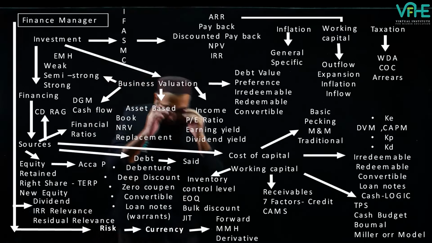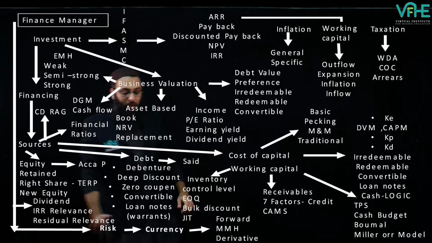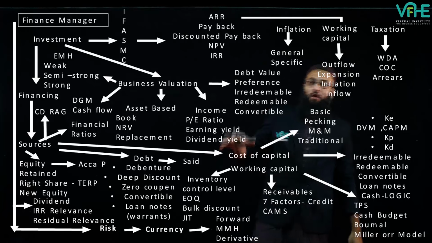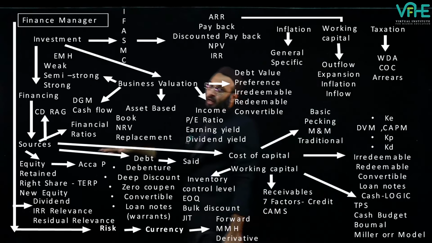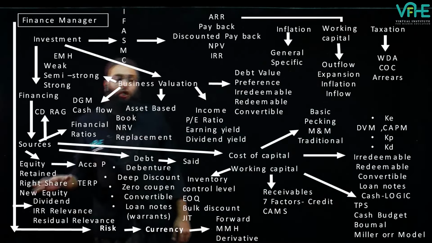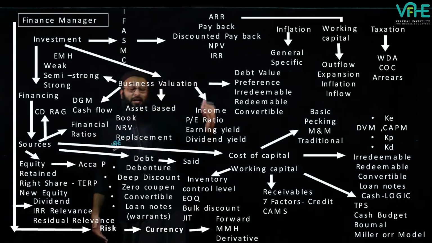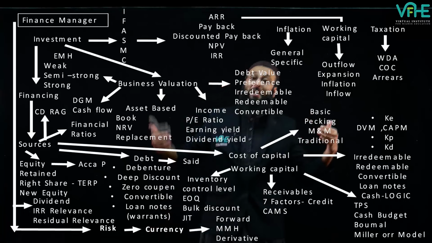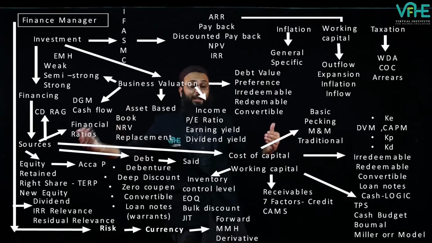Then comes international Fisher effect. If you remember, international Fisher effect says that the real rate is same in all the countries, whereas it's the difference of the inflation rate that results in different nominal interest rates. Okay.